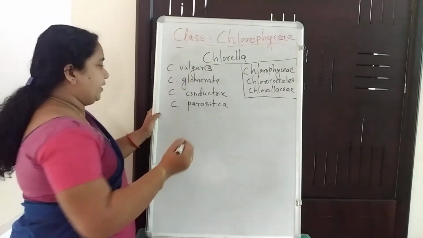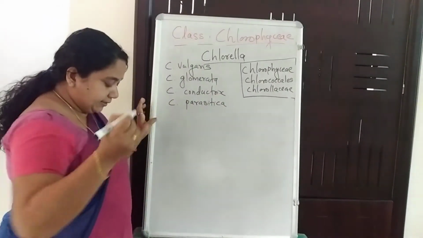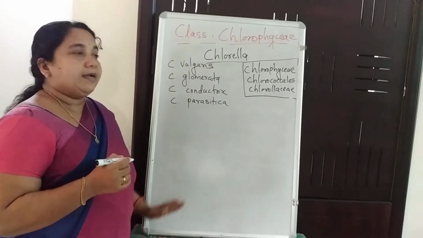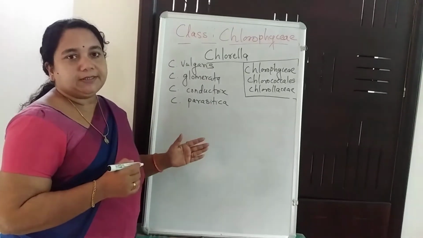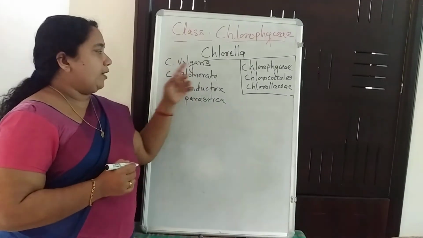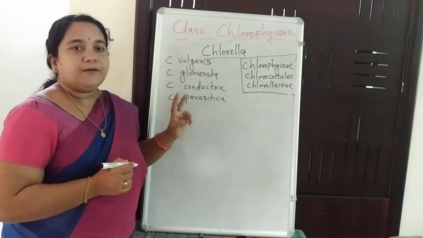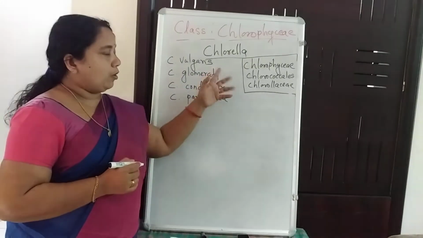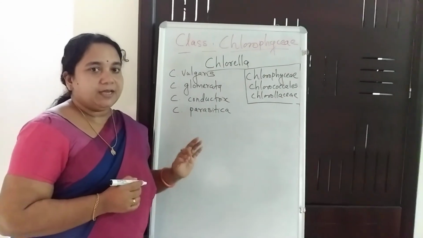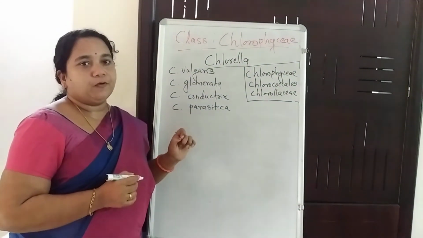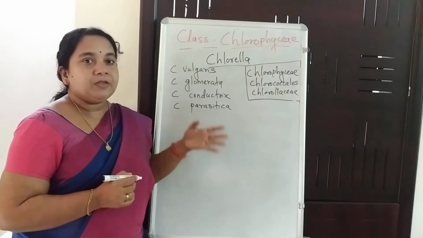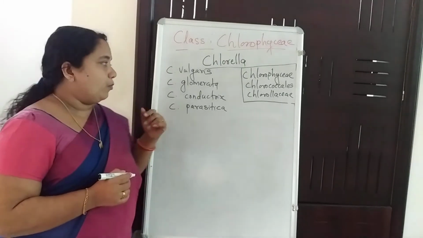And of this, Chlorella vulgaris and Chlorella variegata are the common species. Chlorella variegata and Chlorella vulgaris are two freshwater forms of Chlorella. So that may also be asked in 1 mark type questions: name two freshwater species of Chlorella. Chlorella variegata and Chlorella vulgaris.